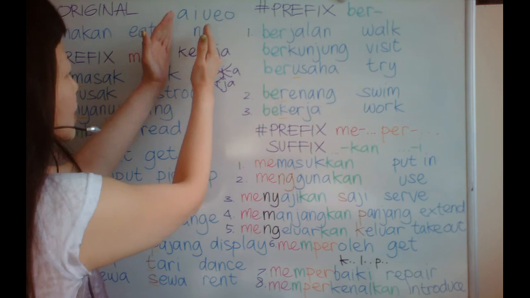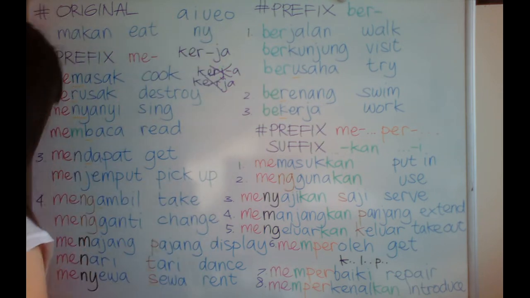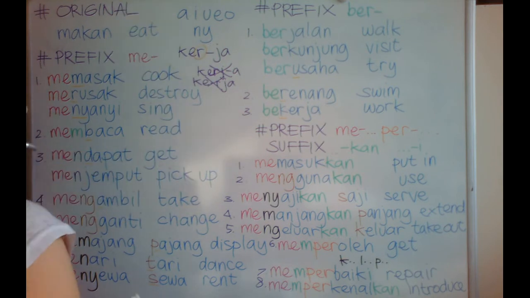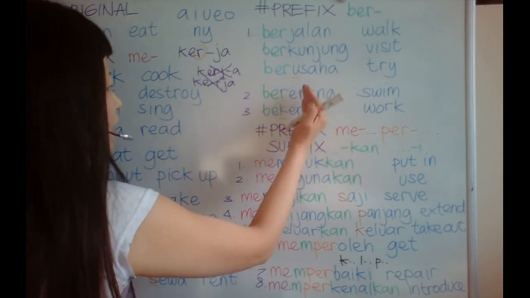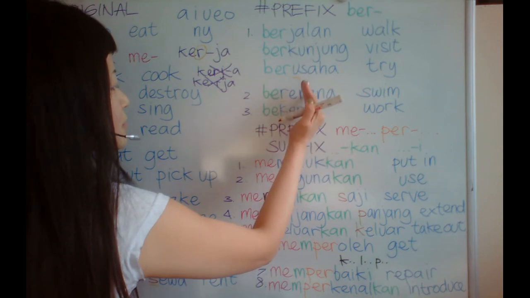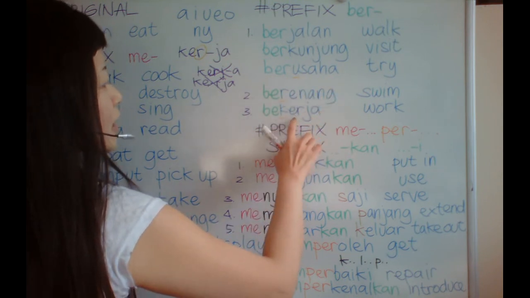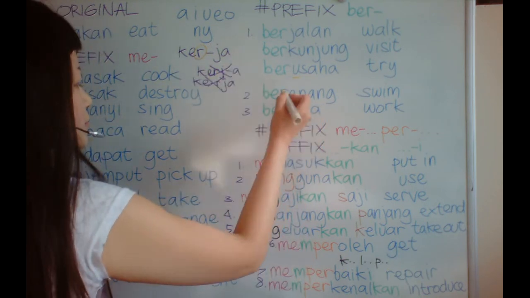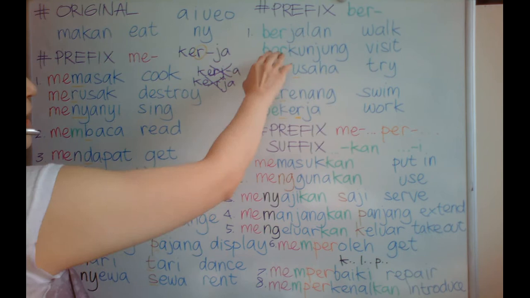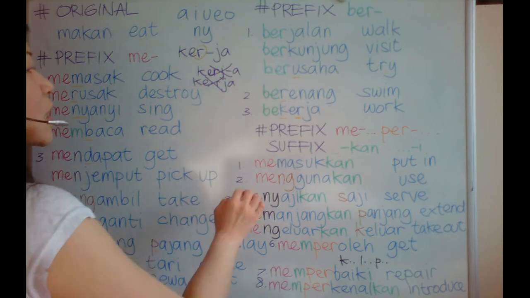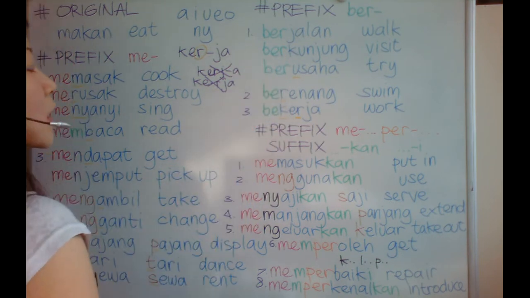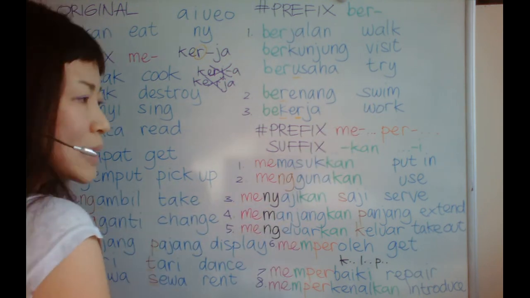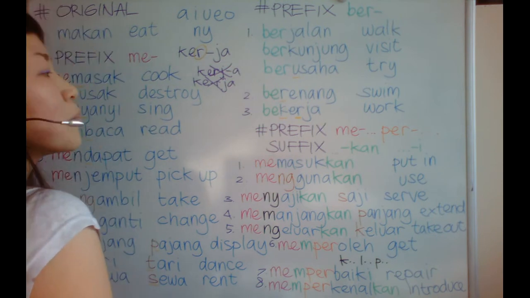If the first section at the end has R, like we see here, divided ker and ja, the first section has R at the end. Here it's not ber anymore, it becomes be. Bekerja, work. It's not berkerja, but it's bekerja.